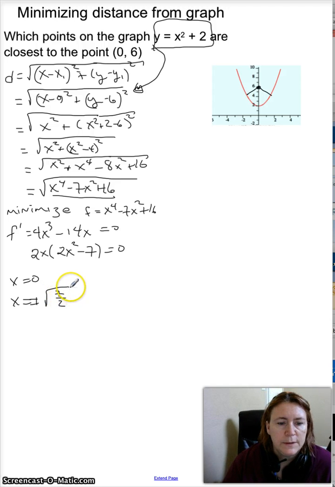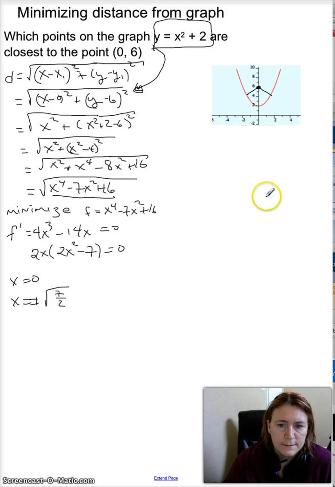What we need to do now is some testing. Let's see, where is the derivative positive and where is it negative? Let's look at our ranges and use the first derivative test.